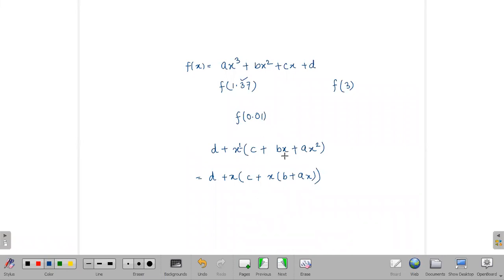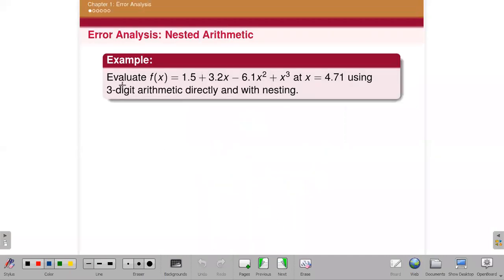We will see this by taking one example also: evaluate this function or polynomial, which is again a cubic polynomial, at x equal to 4.71 using 3-digit arithmetic, directly and with nesting. So you have to use 3-digit arithmetic.